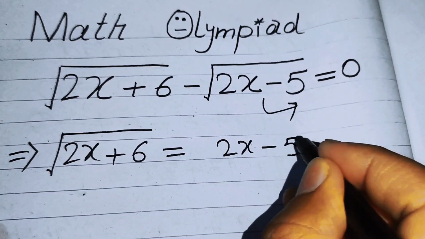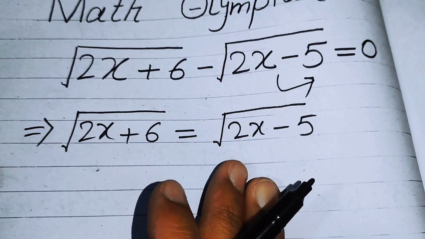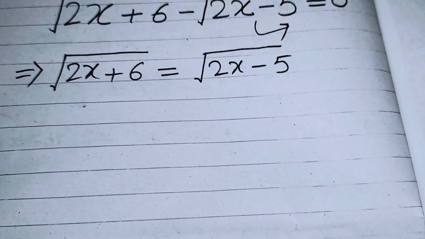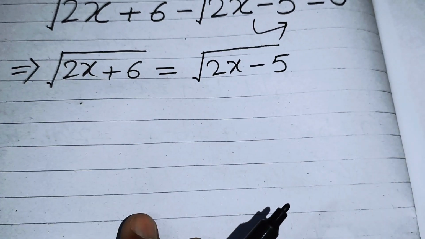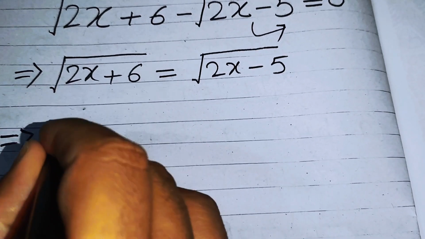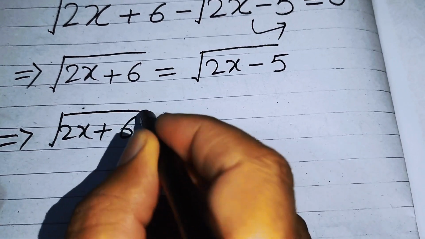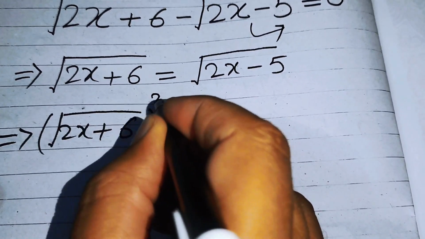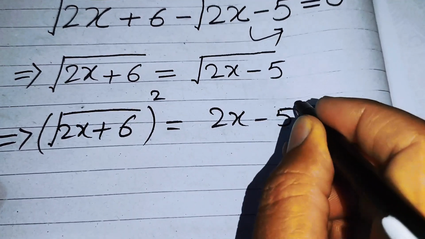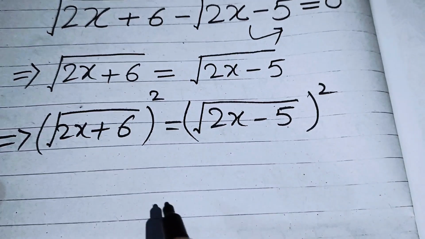square root of 2x minus 5, and after that we will take the square on both sides of this expression so that it becomes the square root of 2x plus 6, whole squared, is equal to the square root of 2x minus 5, whole squared.